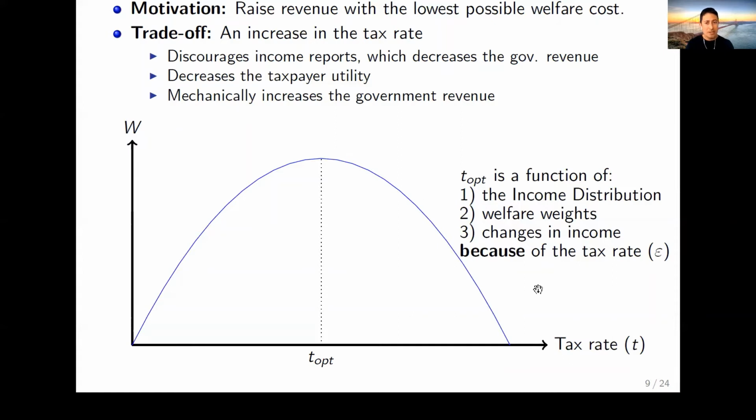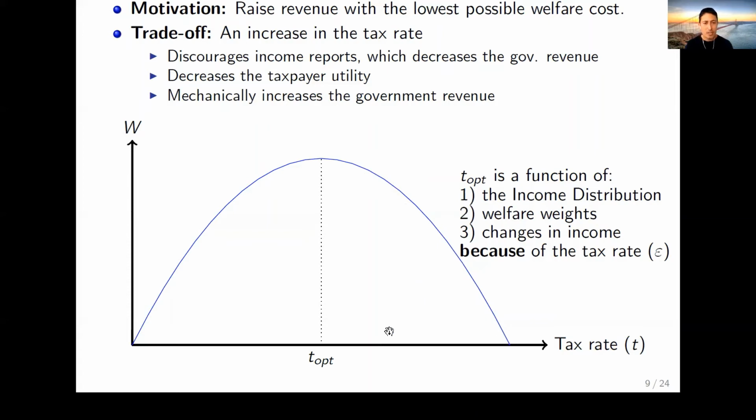So after this point, the main effect of increasing the tax rate is that taxpayers are going to get upset that they're paying too much in taxes, and then welfare is going to start decreasing, because the added value of having a government with higher taxes is lower than the cost of these higher taxes.